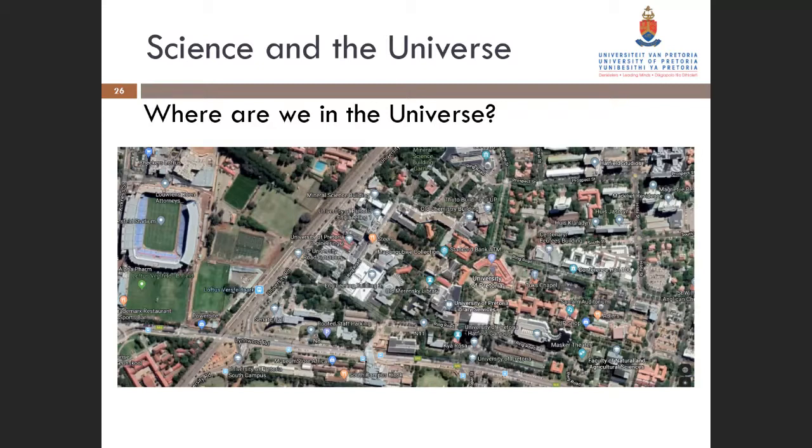But if you think about where we are in the universe, this is a Google image view of the UP campus. When we are in class, this class would have been in the humanities building. I would have shown that we are in the humanities building over here, and our nice physics building is right here.